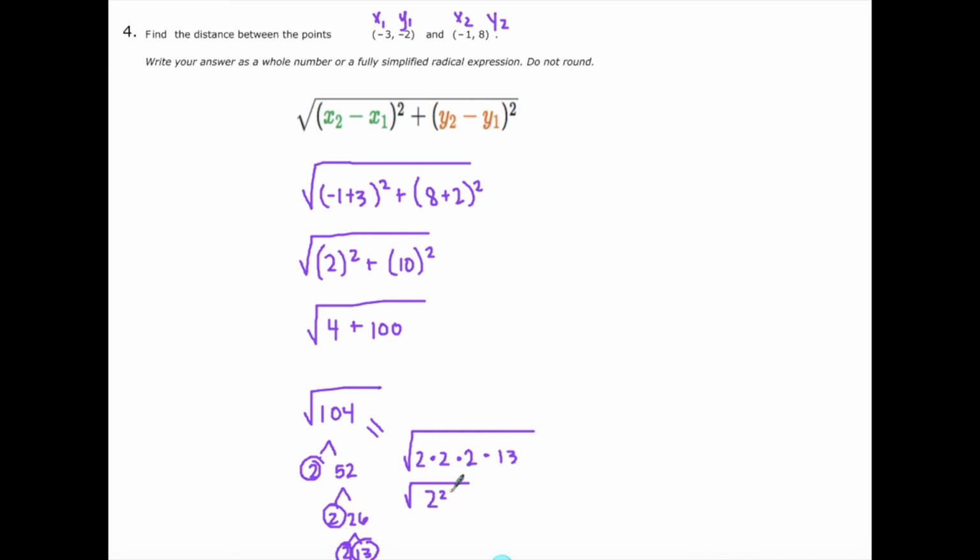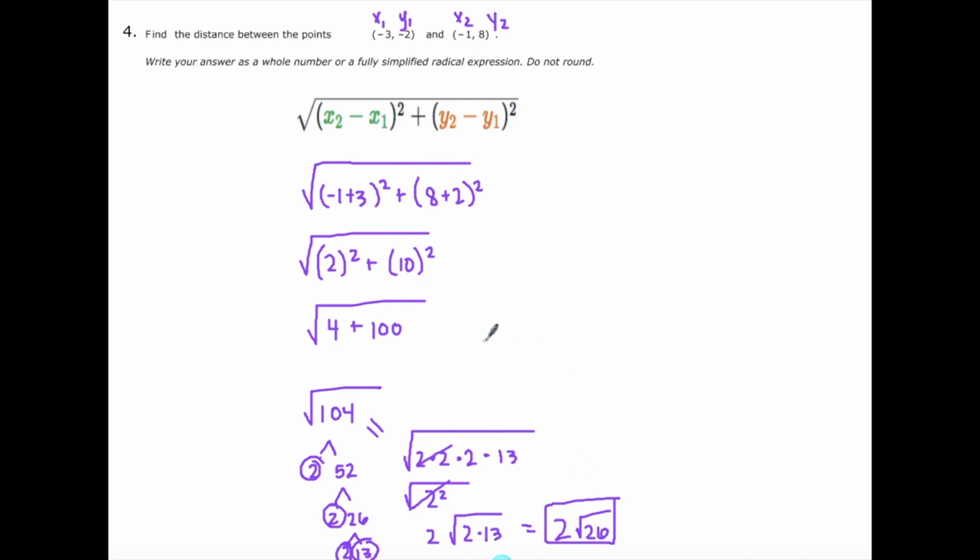And anytime we have that, it just becomes 2. Okay, so those are taken care of. 2, and then we have 2 and 13 left. So the square root of 2 times 13. And we can't really do anything to simplify that at all. So our final answer is just going to be 2 times the square root of 26.